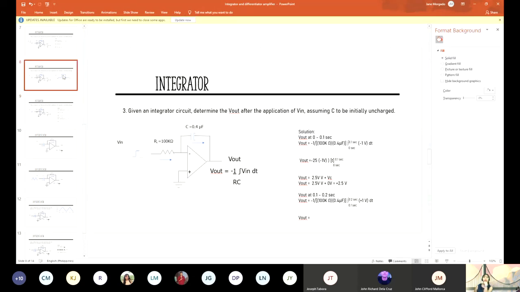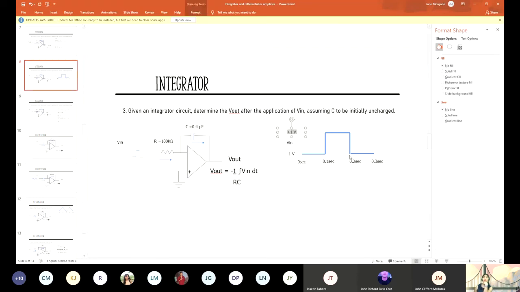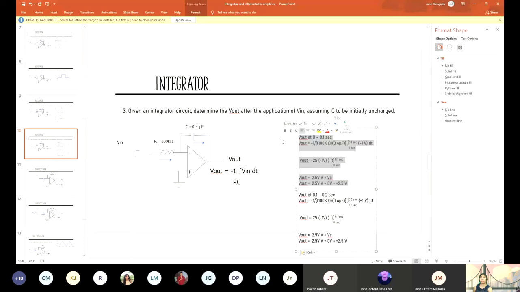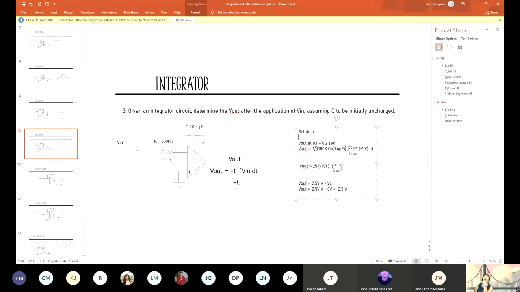At 0.1 to 0.2, the input is +1 volt. Earlier we had 0 to 0.1 with -1. Now 0.1 to 0.2 is +1 volt.